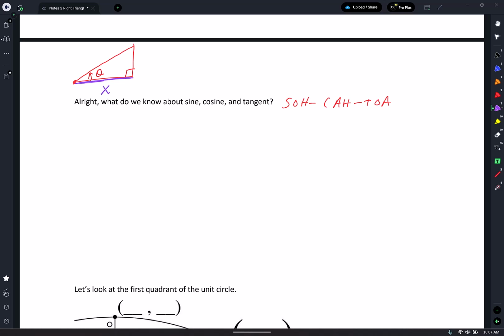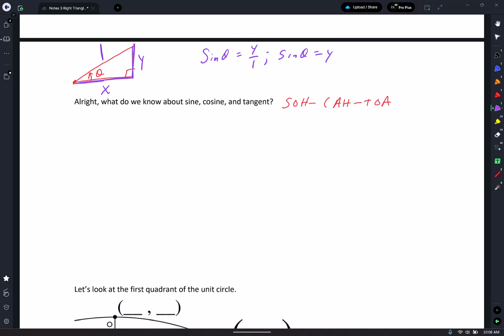I'm going to call that x, and this y, and I'm going to call the hypotenuse a distance of 1. Then sine of this angle is opposite over hypotenuse, so y divided by 1. That means sine is just y.